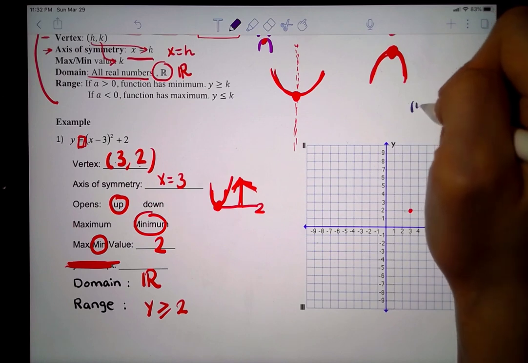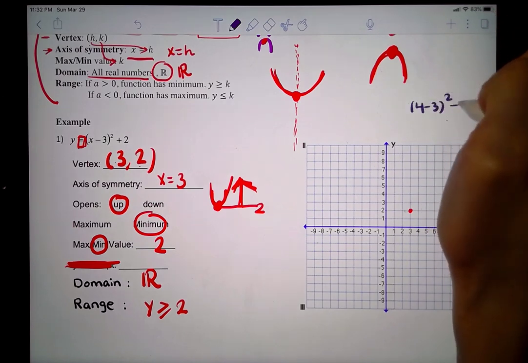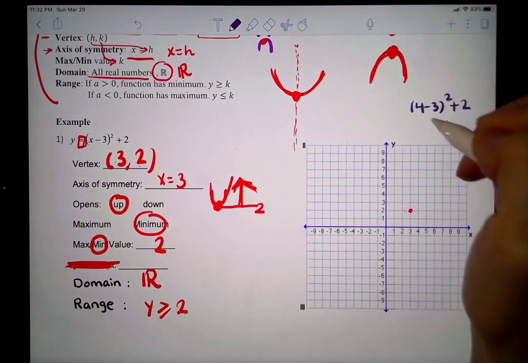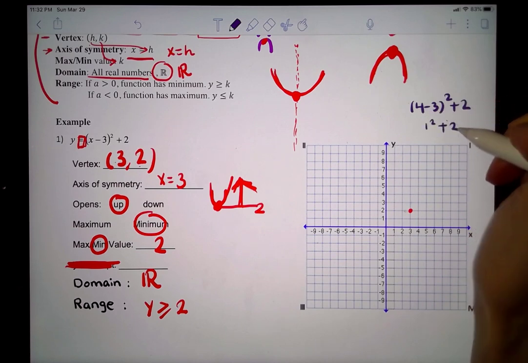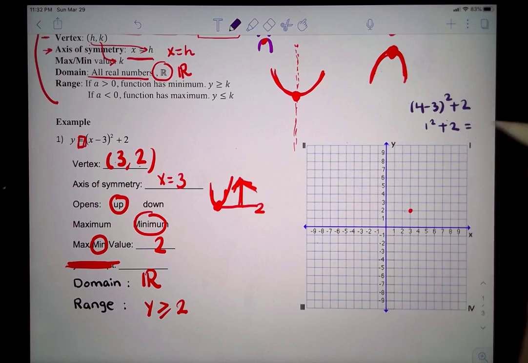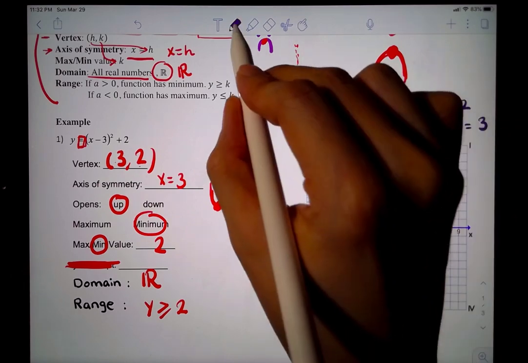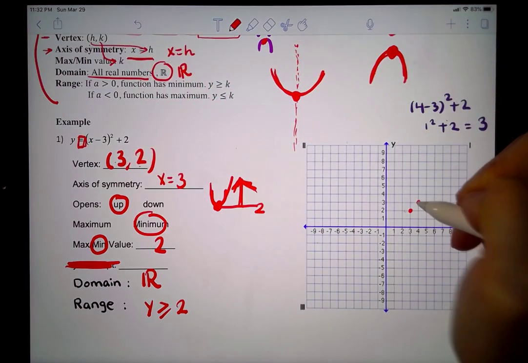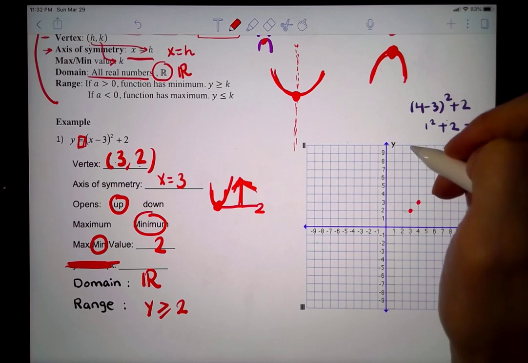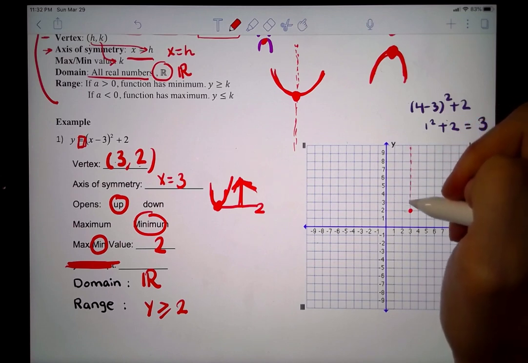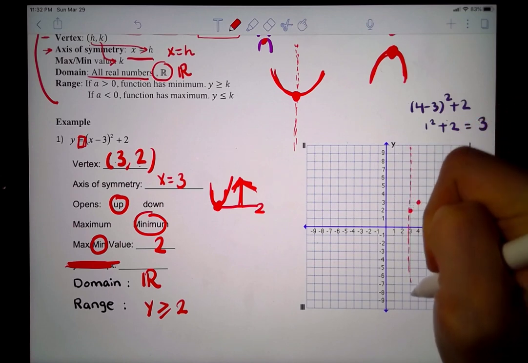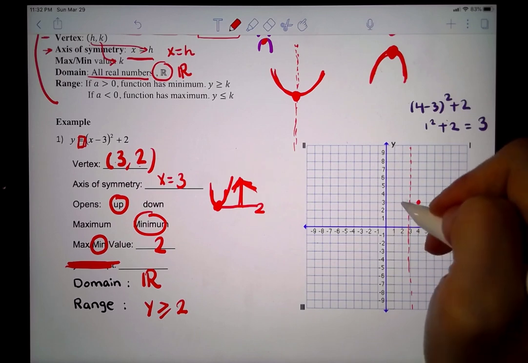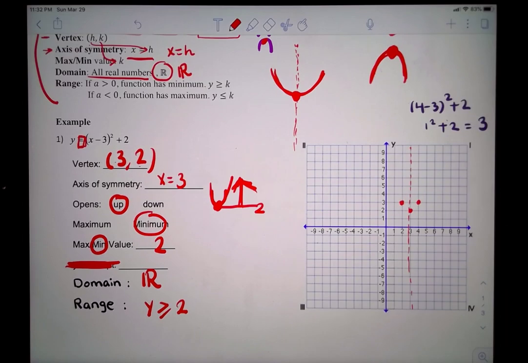Then you get (4 minus 3) squared plus 2. What's 4 minus 3? That's 1, right? So 1 squared plus 2. Then you get 1 plus 2, which is 3. So when x is 4, y is 3, right? And this is our axis of symmetry, so you can check only one side. We already know that one, so just do the same thing on the other side.